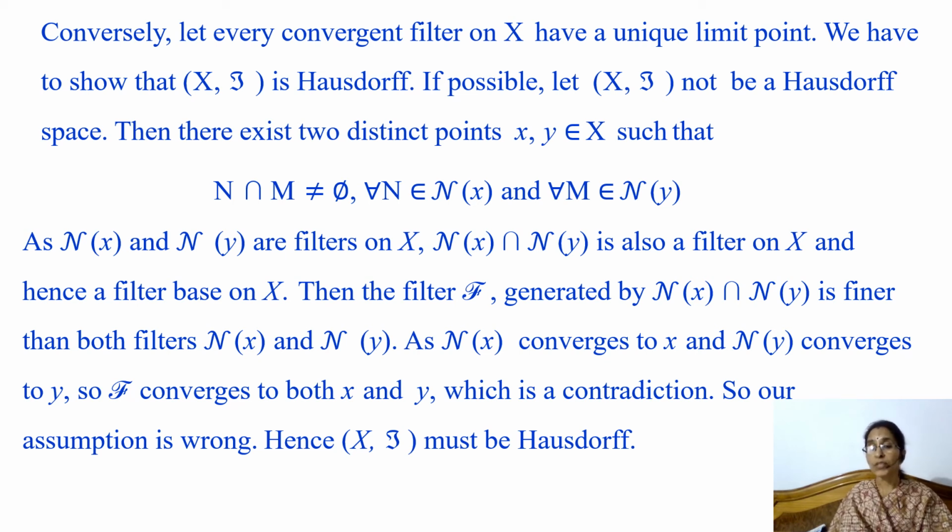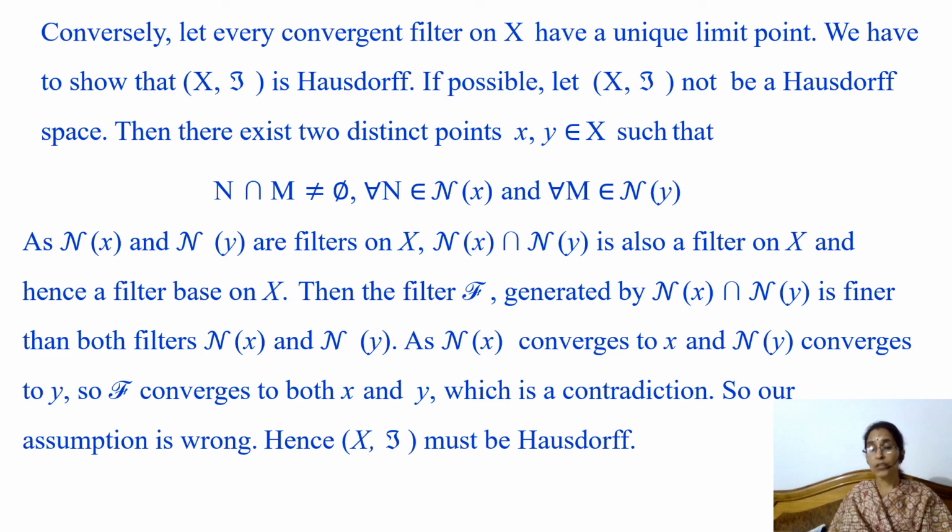Because we have proved that if any filter converges to x, then any filter finer than that filter also converges to that point. And since N(y) converges to y, the filter F, which is finer than N(y), also converges to y.